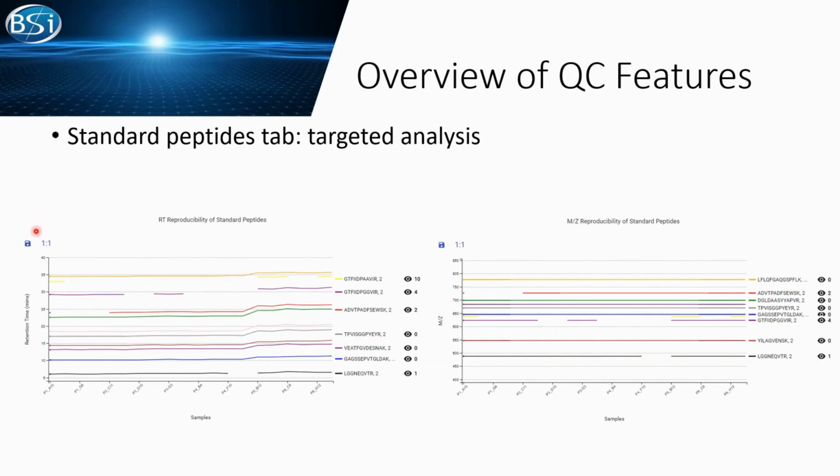So you can see the retention time shifting of your standard peptide, the match ratio shifting in your standard peptides. So up to here, I hope you already have a general understanding about how our QC feature is organized and what kind of data we're delivering.